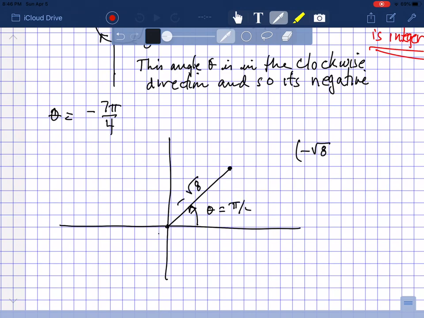Okay. So, if I look at this angle here is pi over 4. And I want to know, hey, what point is represented by minus the square root of 8, comma, pi over 4? So where is this?